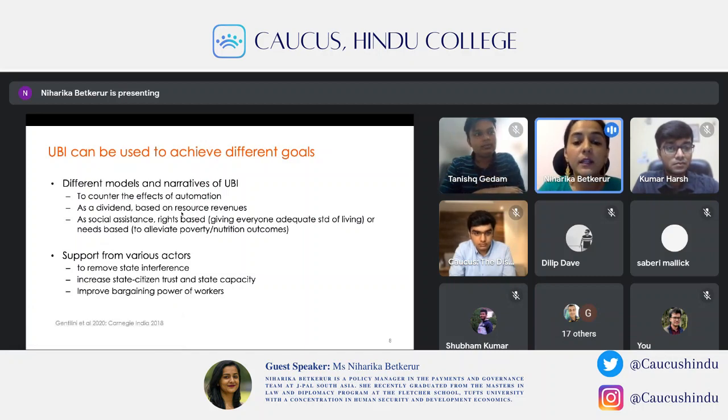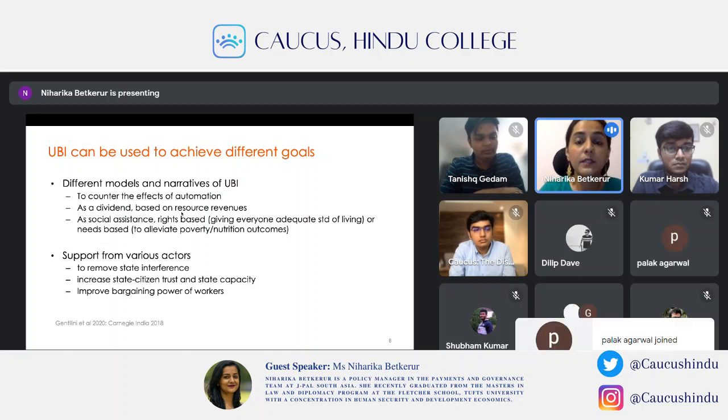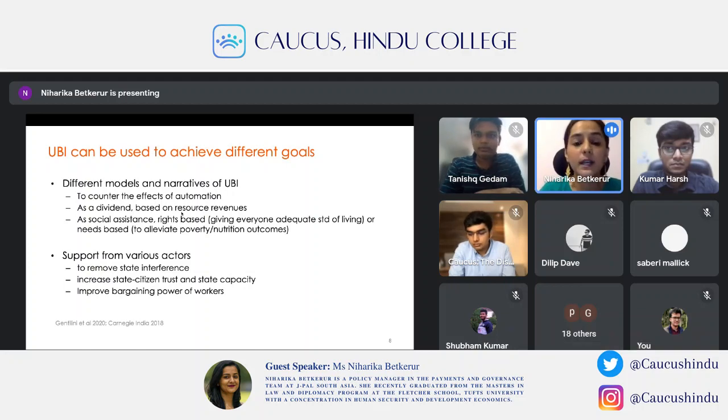And then there can also be certain sections of the political spectrum who want to improve the bargaining power of workers by giving them this extra cash infusion or by taking care of their basic needs so that they don't have to work in dismal conditions in factories or manufacturing centers.